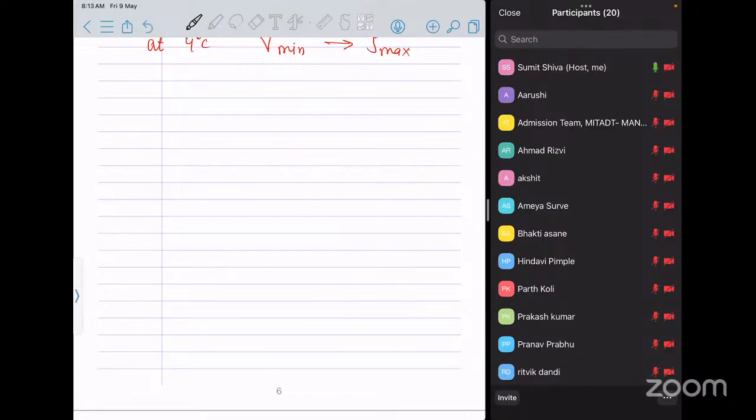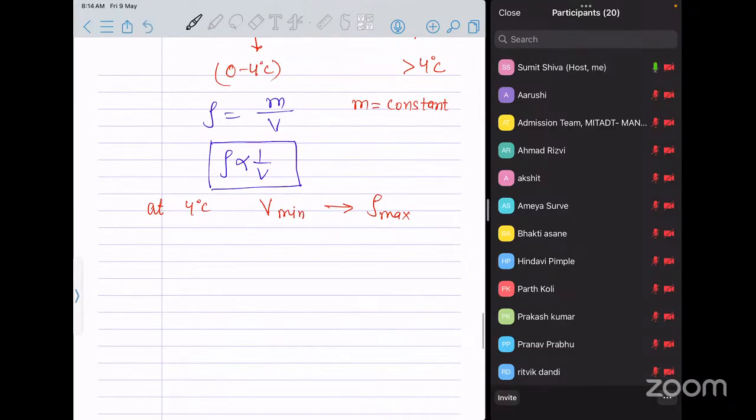Basically, it will be connected to the chemical arrangement of the molecules in water. If you look at the temperature at 0 degrees Celsius, it will be in the form of ice, yes or no? Yes, sir. And in ice, there are some gaps, holes, which are filled with air.